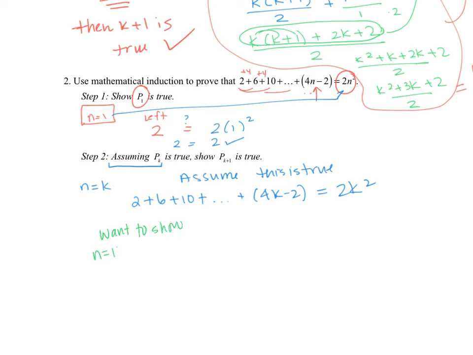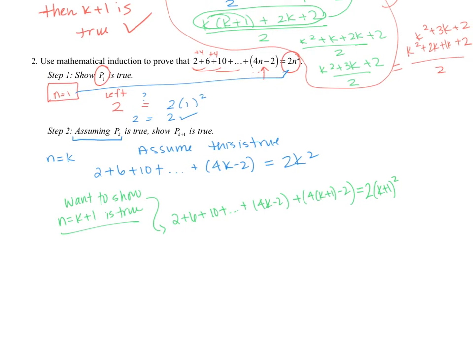That n equals k plus 1 is true. And so what that statement would look like is 2 plus 6 plus 10 plus up to that 4k minus 2, but then we want the k plus 1 term. So that would be 4 times k plus 1 minus 2. And that's supposed to equal 2 times k plus 1 squared.